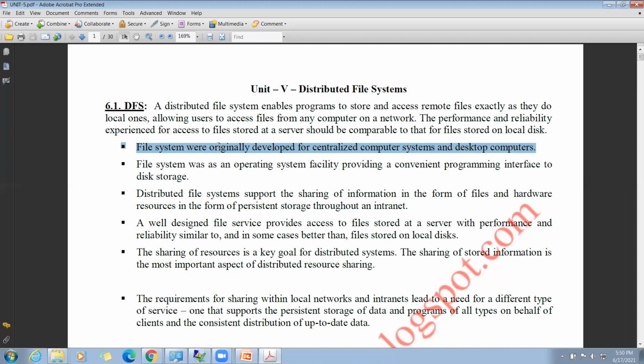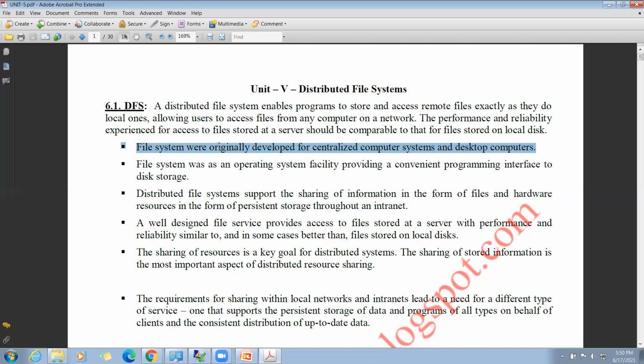Next point. A well-designed file service provides access to files stored at a server with performance and reliability similar to, and in some cases better than, files stored on local disks.